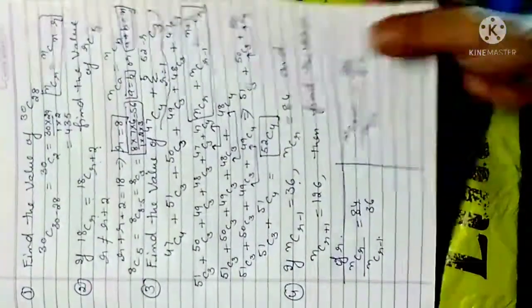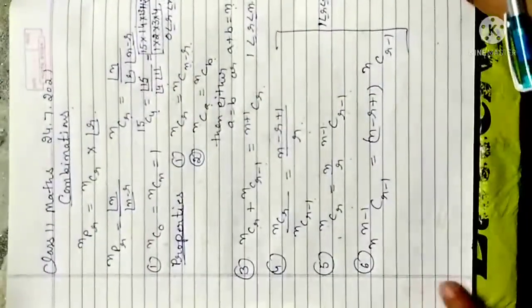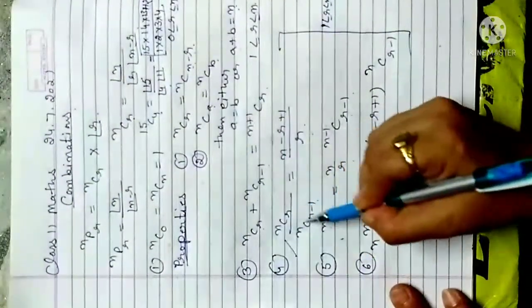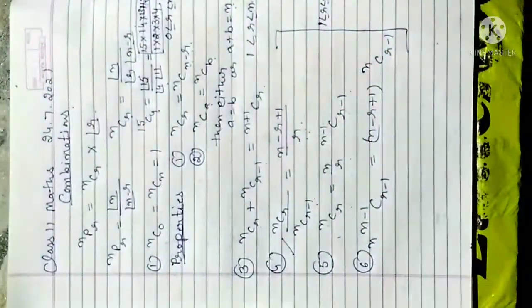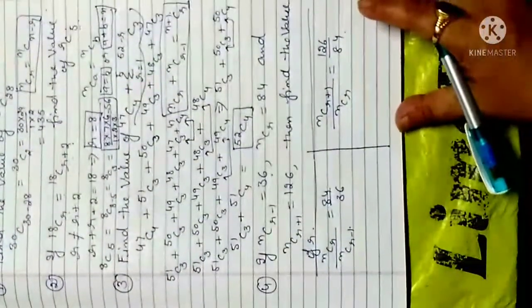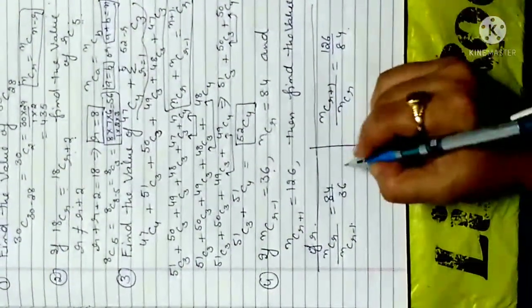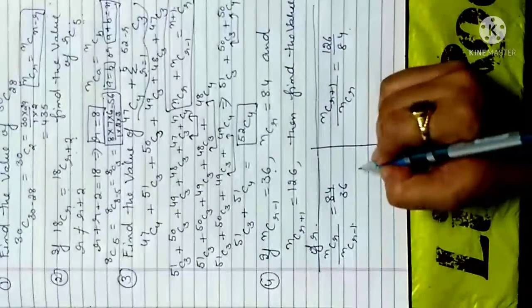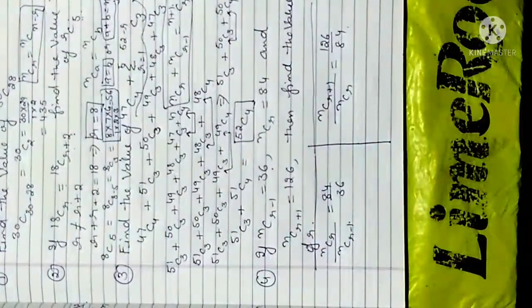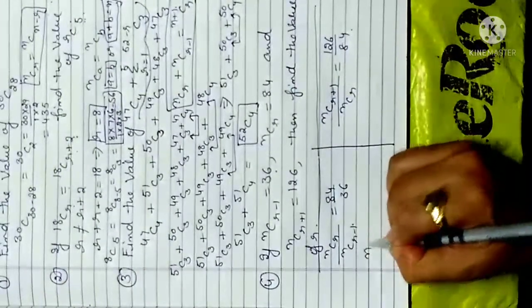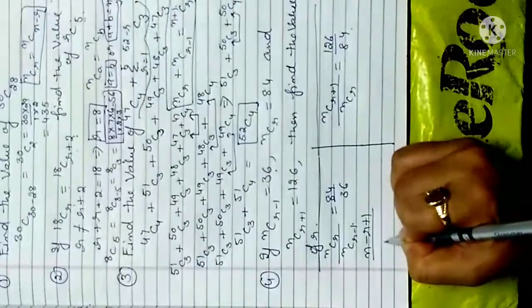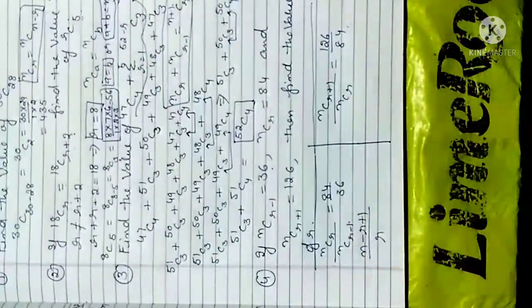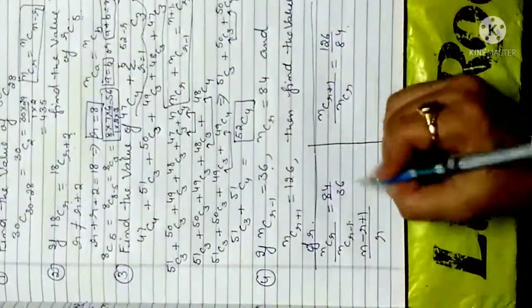If the R term is bigger in the numerator, like NCR over NCR minus 1, we apply the formula N minus R plus 1 by R. So instead of opening the numerator and denominator with the formula, we apply the property here.